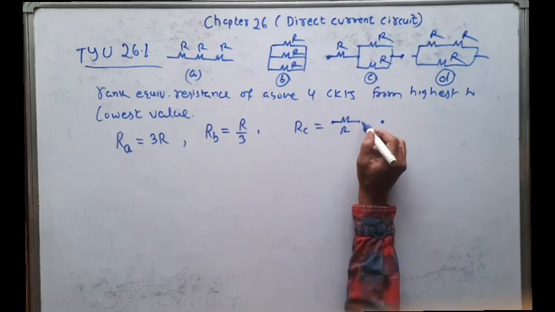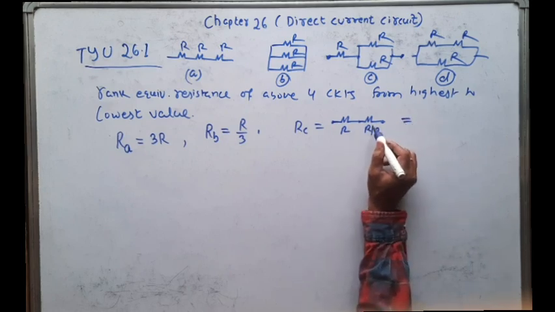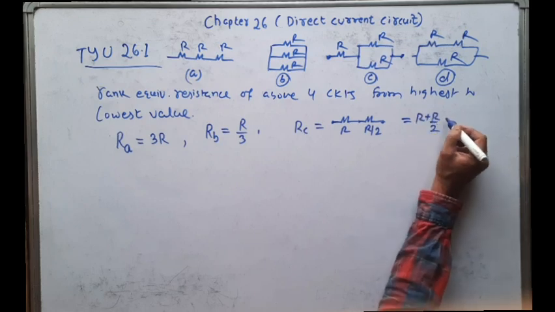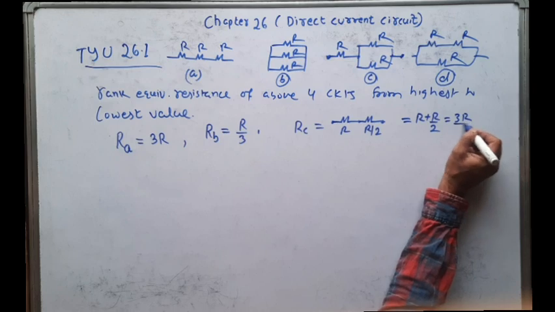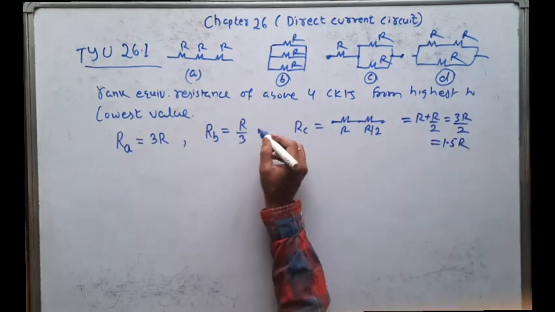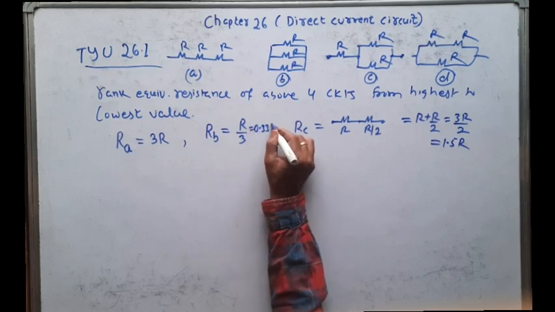So R and R, what is the equivalent resistance? R by 2. So this R and this R by 2 are connected in series. So net resistance is R plus R by 2, that is 3R by 2. 3R by 2 is nothing but 1.5 R. And this R by 3 is nothing but 0.33 R.